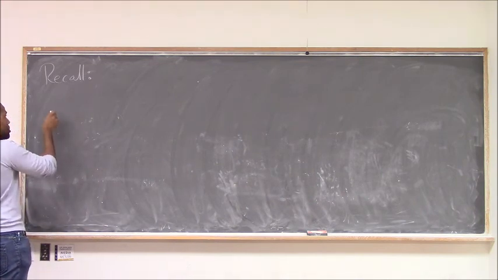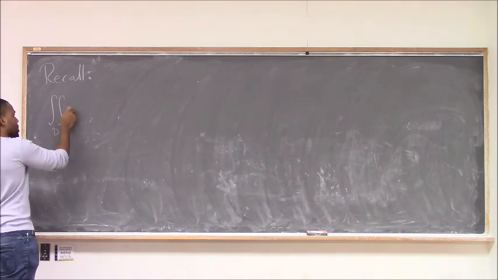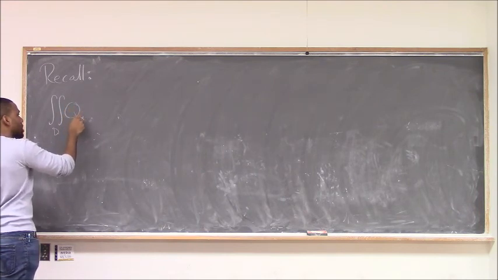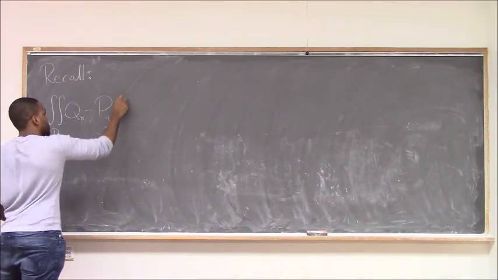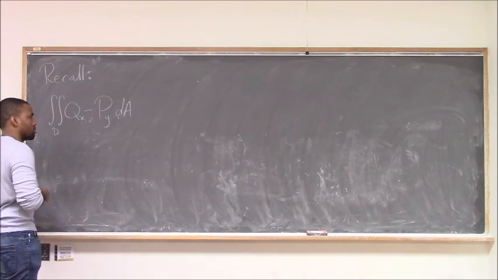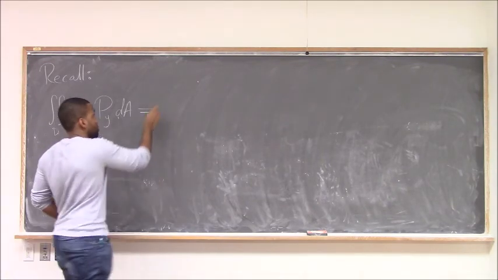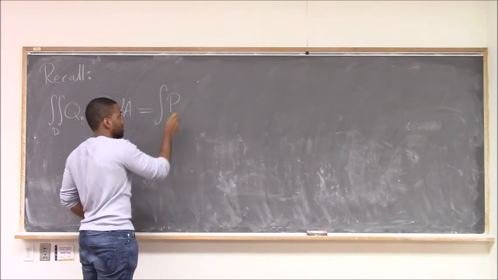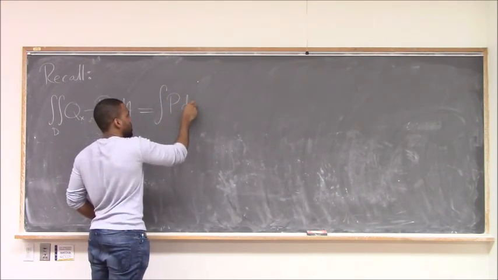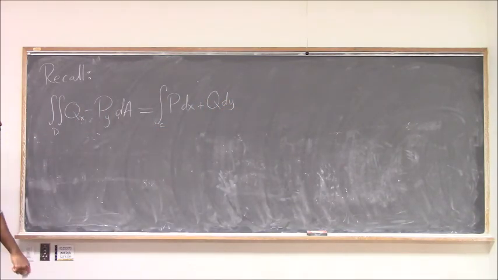The partial of Q with respect to x, and then minus the partial of P with respect to y, is equal to the closed, single integral of P dx, where P is a function of x and y, and then Q dy. Exactly.